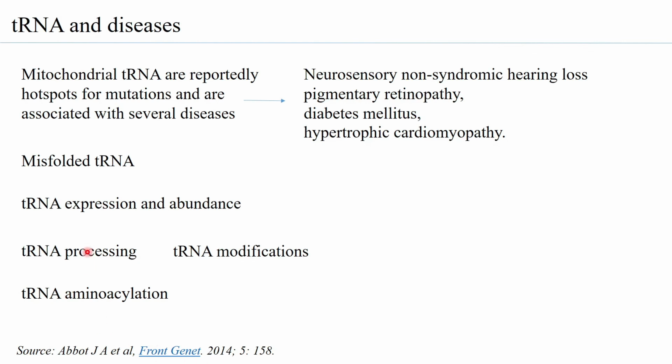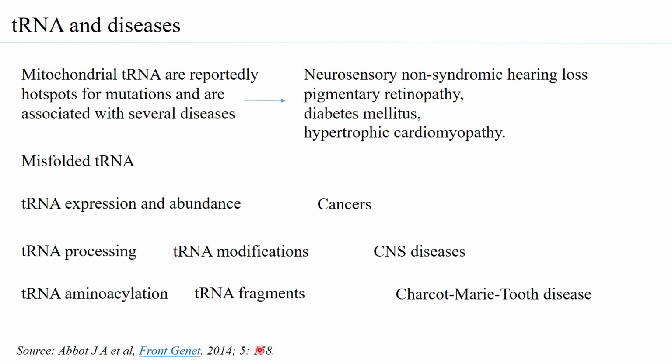So all these can lead to various diseases, of which a few are cancers and CNS diseases, that is central nervous system diseases. Many neurodegenerative diseases have been associated with tRNA structure not being proper. Charcot-Marie-Tooth disease is another disease that is associated with the tRNA per se.